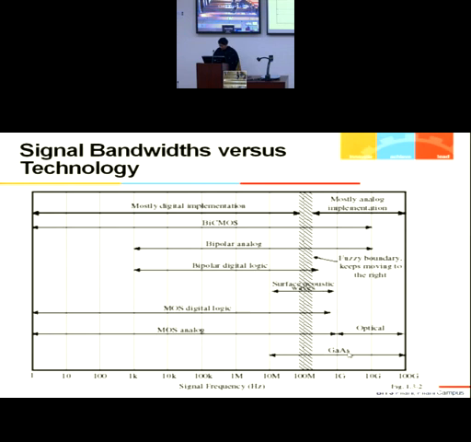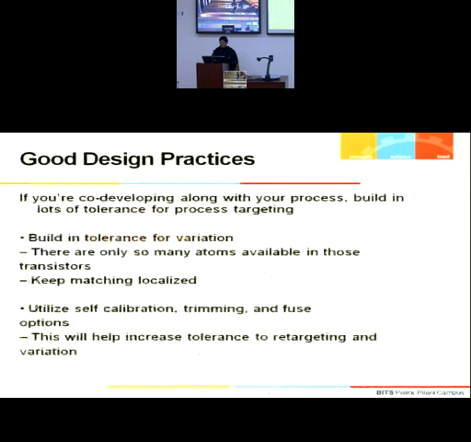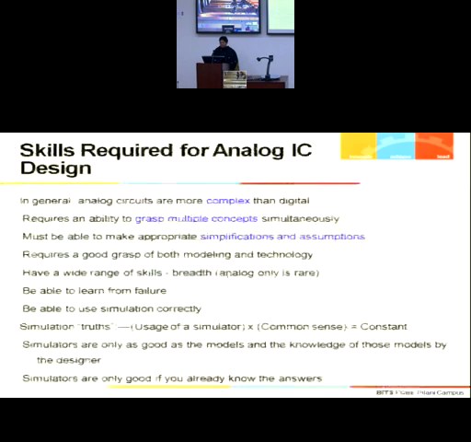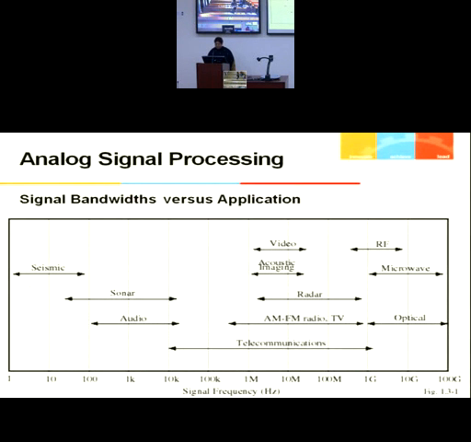Okay. Now let us go back. So technology versus applications. This is where we were. Look here, telecommunications, starting from 10K till 1 giga. All these applications fall within this range.